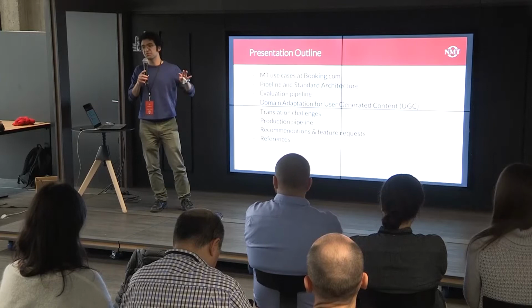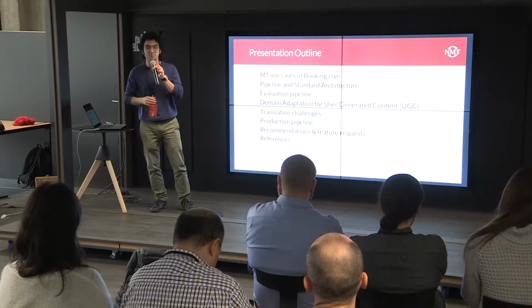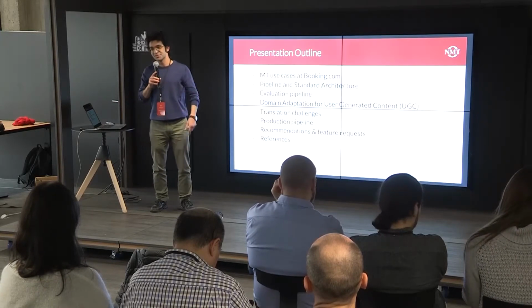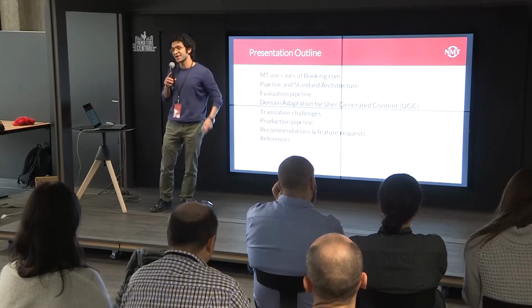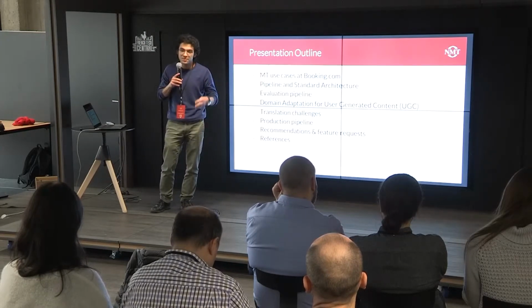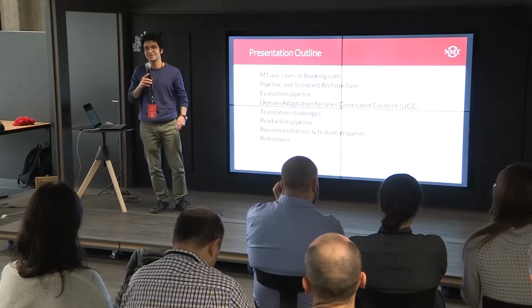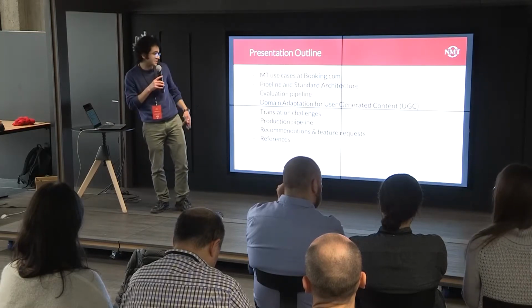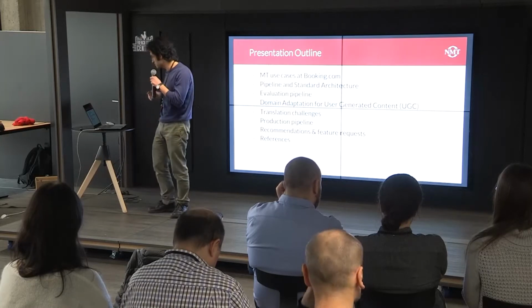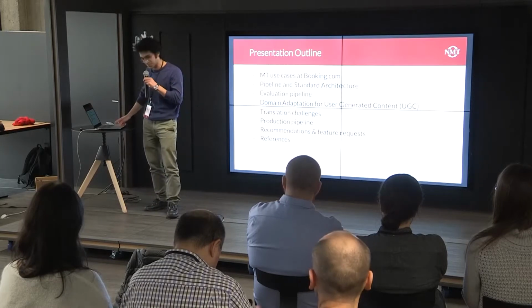Maybe some of my slides will be a little bit outdated, because since the morning we had new information about OpenNMT, new implementations and future plans. So you'll find some outdated things, but should be okay.